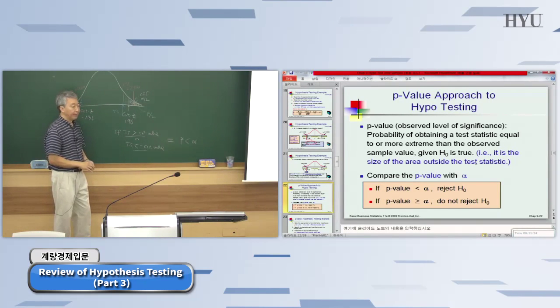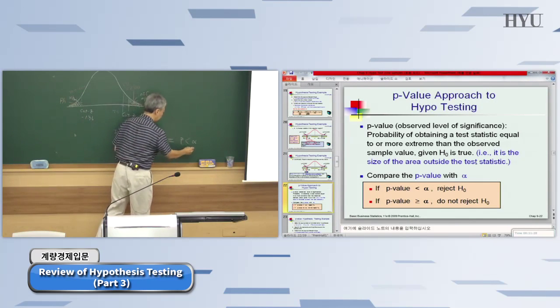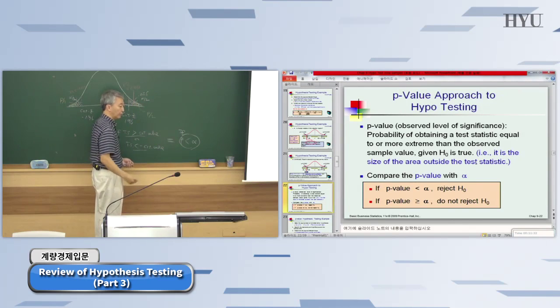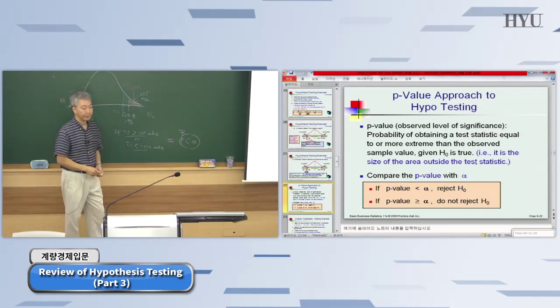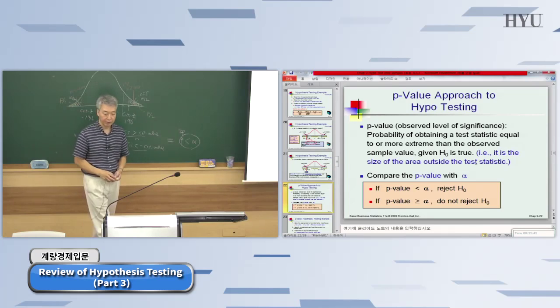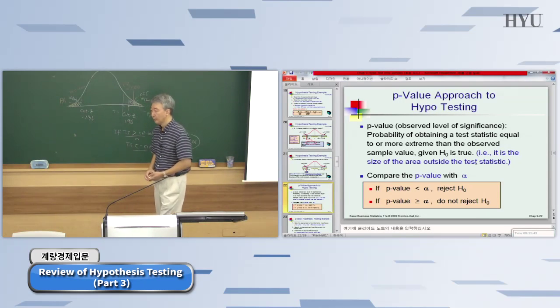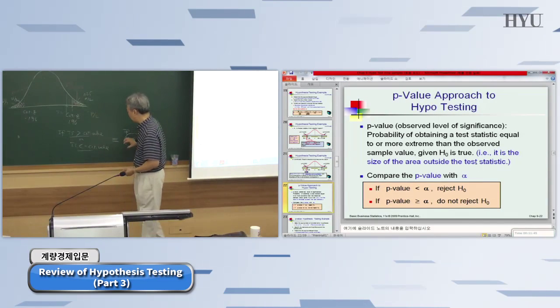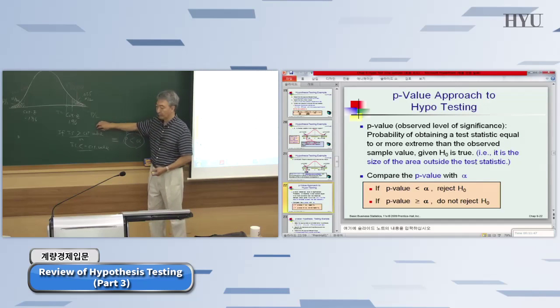If you're using the p-value approach, all you need to say is this: if p is less than alpha, reject the null hypothesis. We are doing the same thing, right? You see that consistency? It's the same rule as this one, okay?